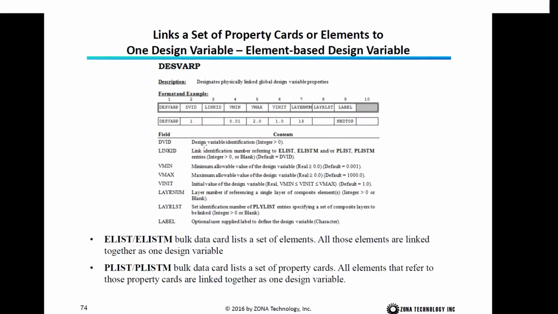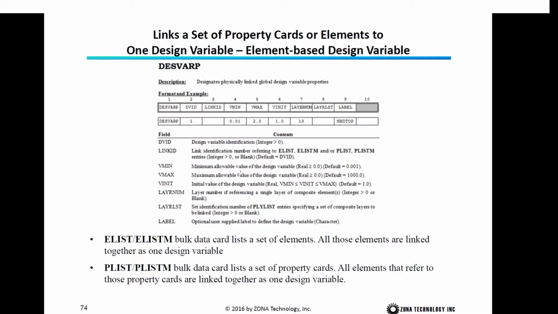DESVAP links a set of property cards or elements to one design variable. So you have the ID for this design variable, and you can link it to either ELIST, ELISTM, PLIST, or PLISTM. In ELIST and ELISTM, you refer to element IDs; you list out a set of element IDs. PLIST and PLISTM list a set of property card IDs.